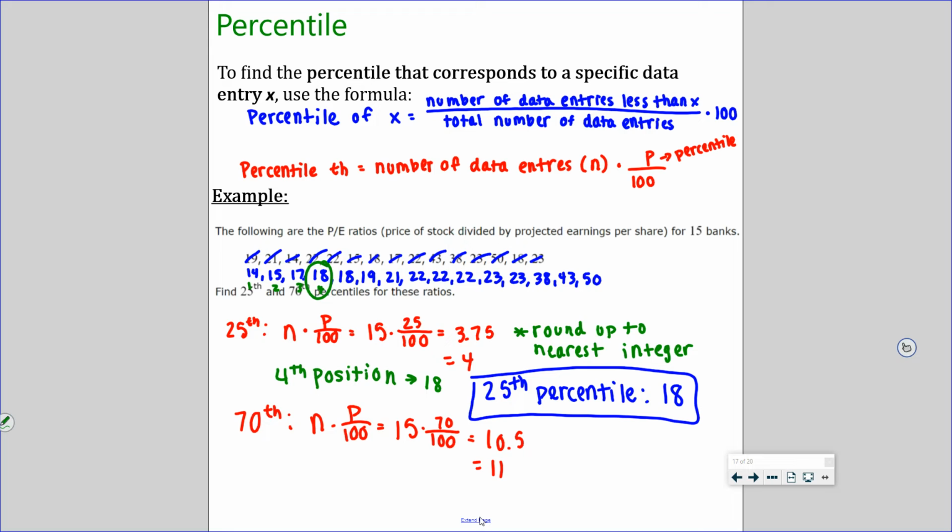It's at the 11th spot in your data. 4, 5, 6, 7, 8, 9, 10, 11 is 23. So my 70th percentile is 23.